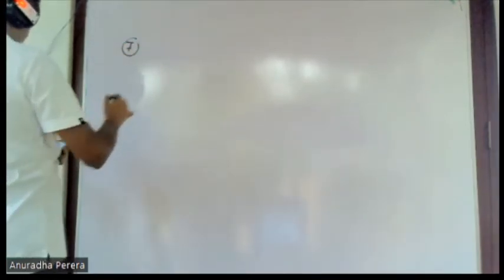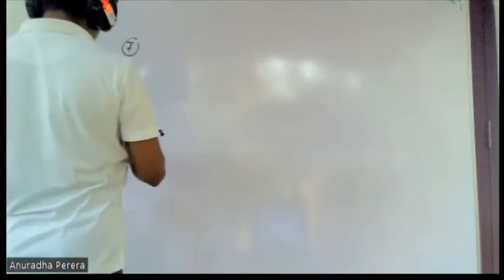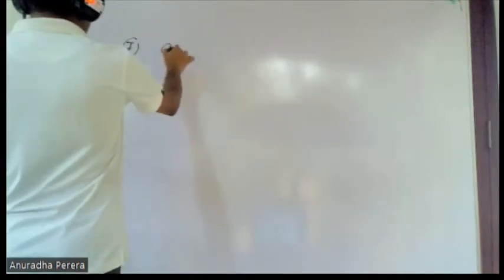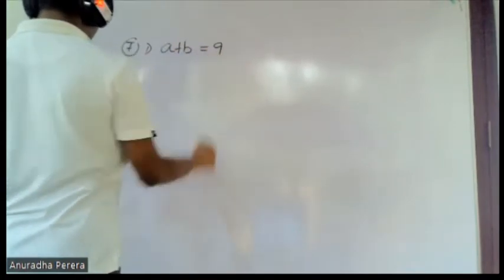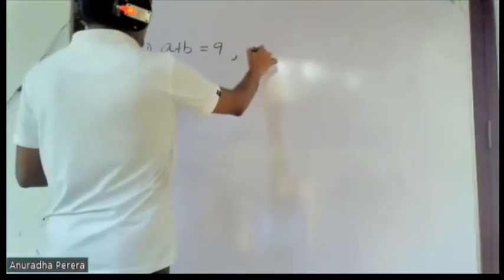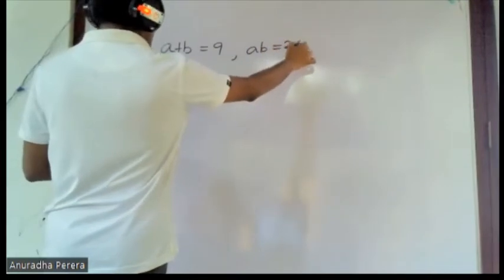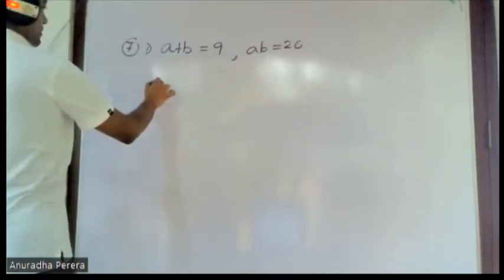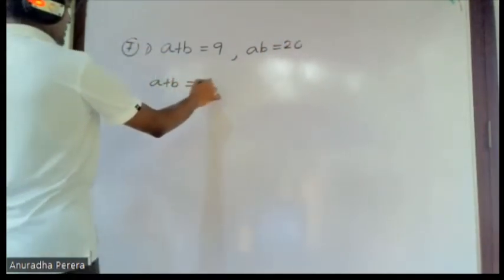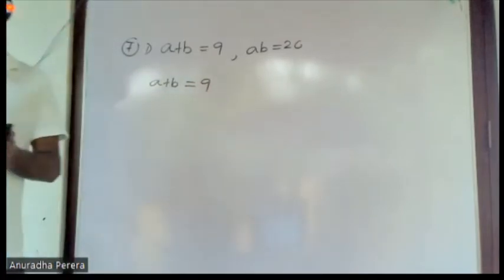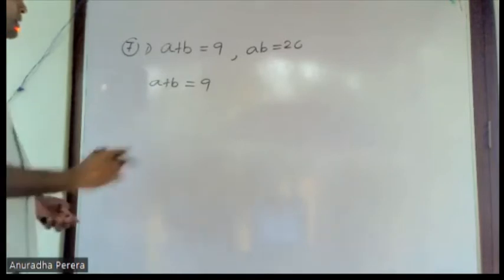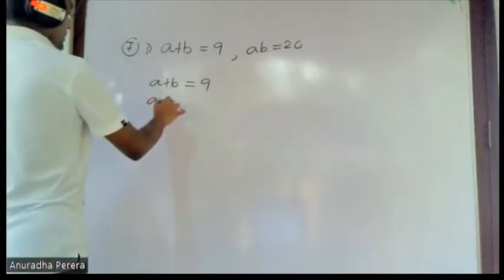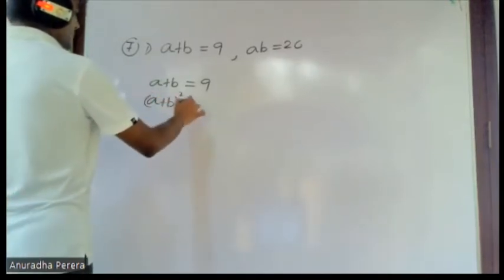Find the value of a squared plus b squared when a plus b equals 9 and ab equals 20. We can start from this one. A plus b equals 9. Take the square of both sides. Then a plus b squared is 9 squared.